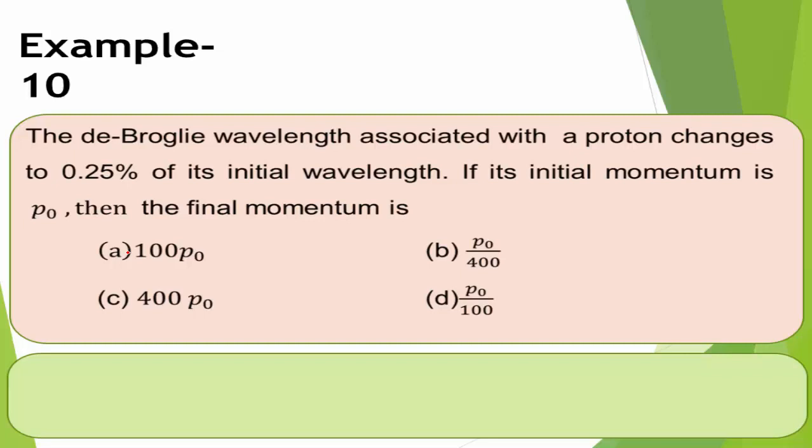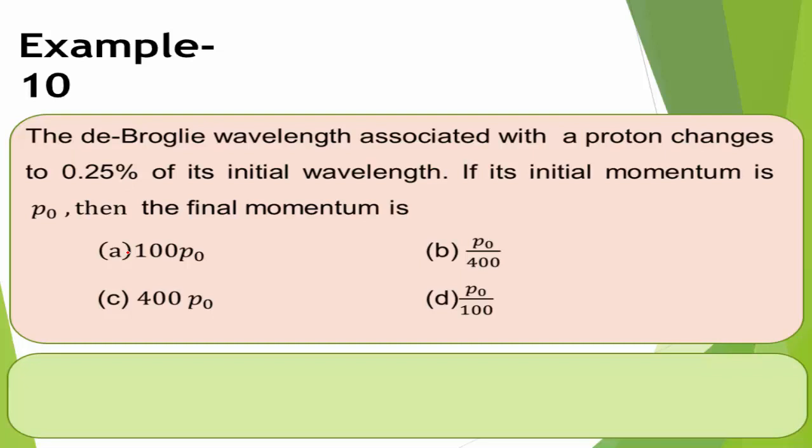Then question number 10 is, the de Broglie wavelength associated with the proton changes to 0.25 percent of its initial wavelength. If its initial momentum is p naught, then the final momentum is.